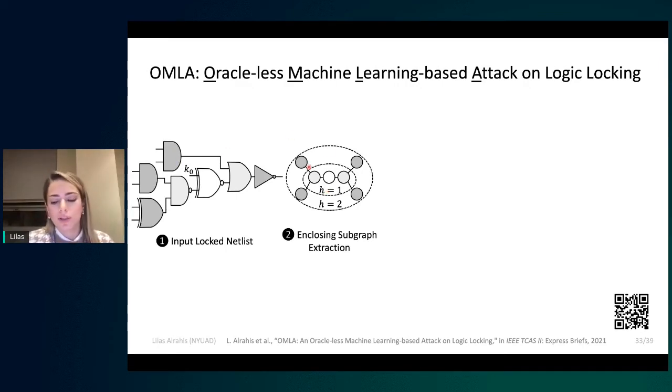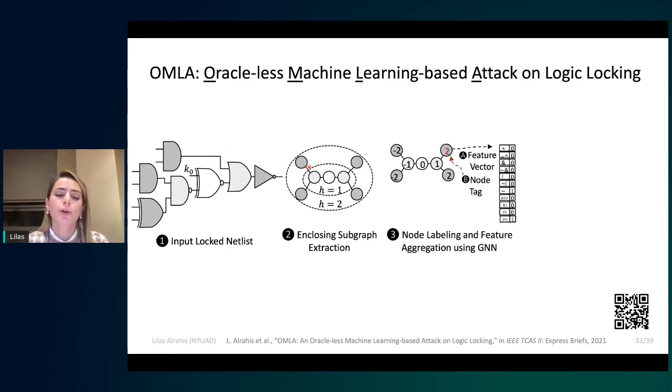After converting the circuit into a graph, we also perform some feature extraction. In the case of Omla, the only feature we extract is the type of the gate itself. So for example, here I am showing you the feature vector of this node. This is representing this inverter, and you can see that in the feature vector, we put 1 for the entry of the inverter.